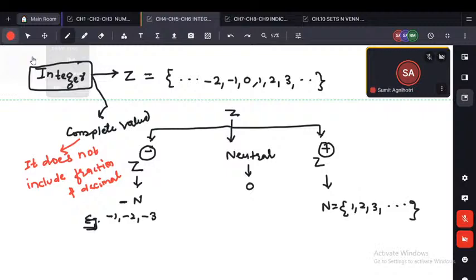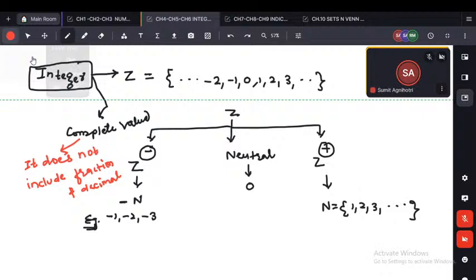In our syllabus we are considering three special topics today: integer, then fraction and then decimal. Integer never includes fraction and decimal. Integer always includes the complete value.